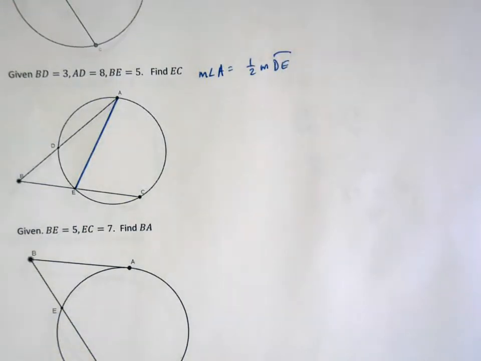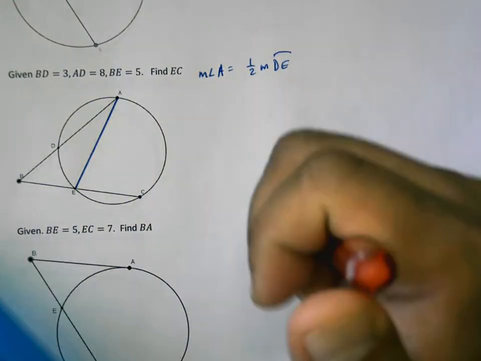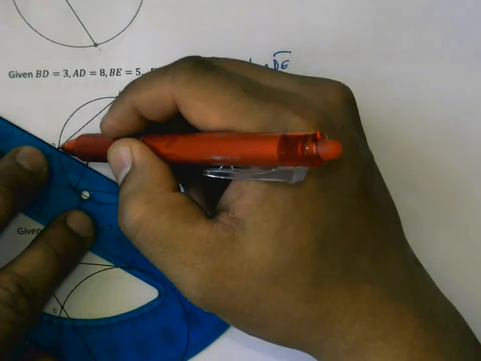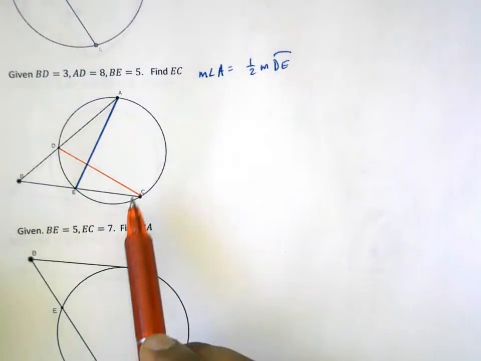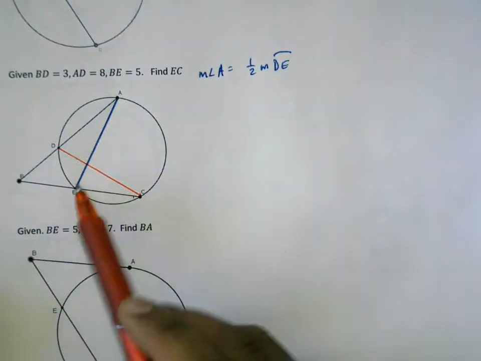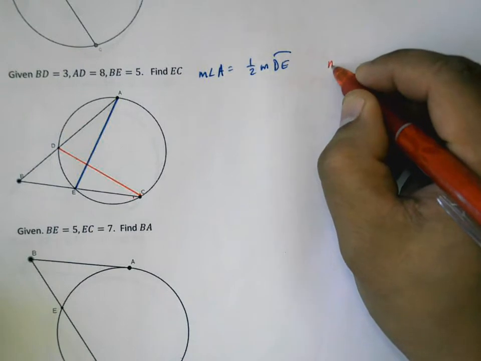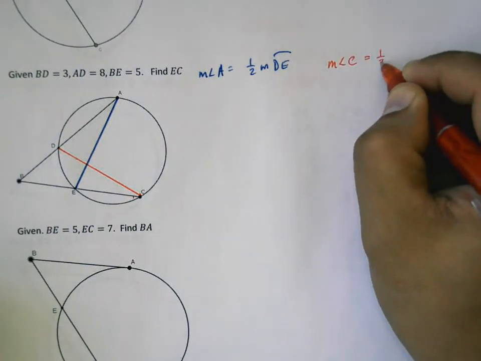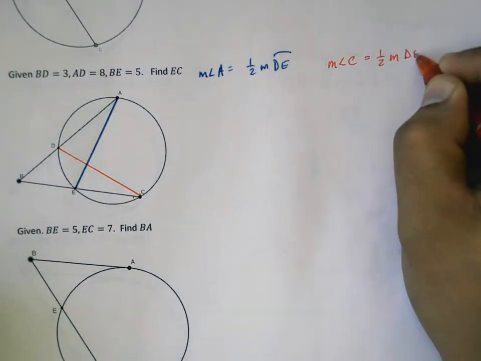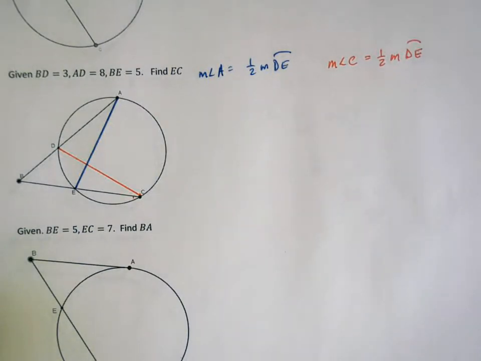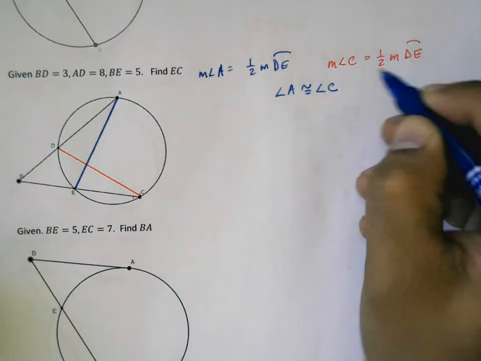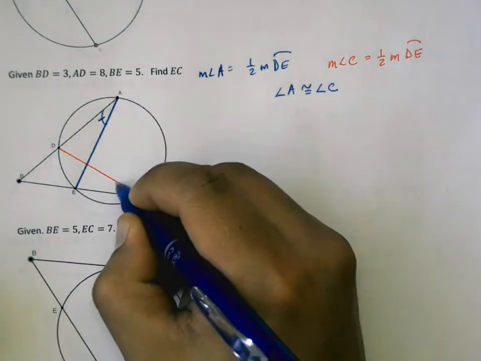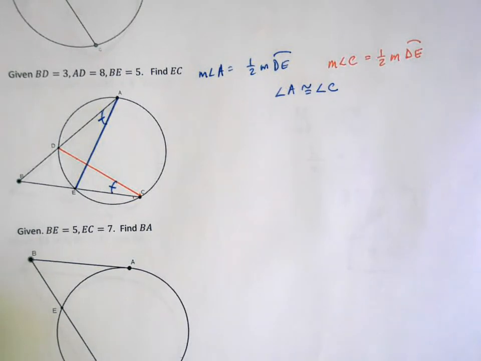And if we make another triangle this way, you can see that angle C is also 1/2 of arc DE. Well, then we can conclude that angle A and angle C are congruent, and this is by the transitive property.